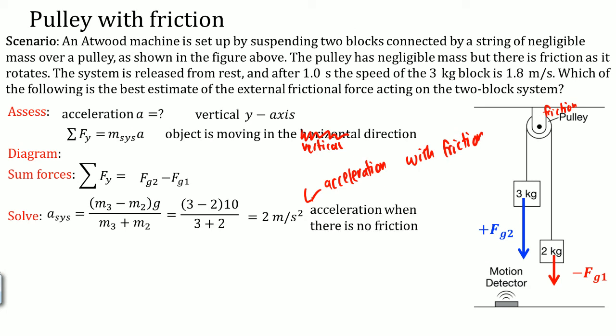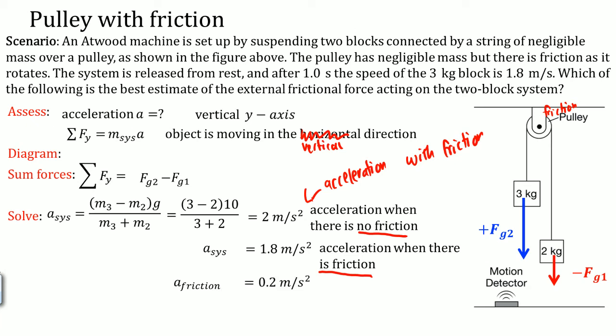But the problem said that the acceleration was really 1.8 meters per second squared. So this is the acceleration when there is friction, and this is without friction. What is the difference between these? The difference is 0.2 meters per second squared. This is the acceleration due to friction.